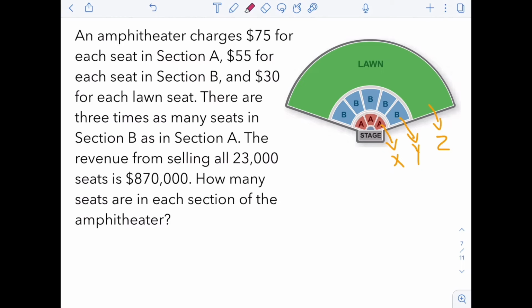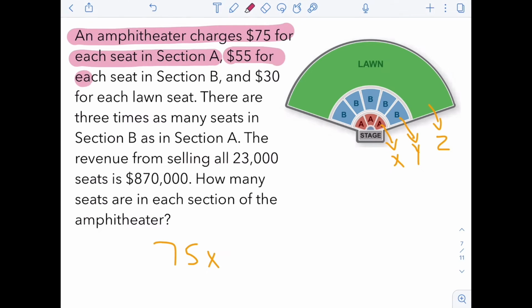So let's look at the first sentence of the problem. So the amphitheater charges $75 for each seat in section A. So the number of seats in section A, that's X. So we're going to start off with 75X, and they charge $55 for each seat in section B. So the number of seats in section B is Y. So that's plus 55Y, because each seat is $55.